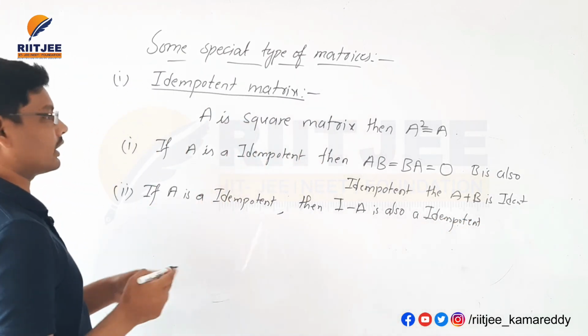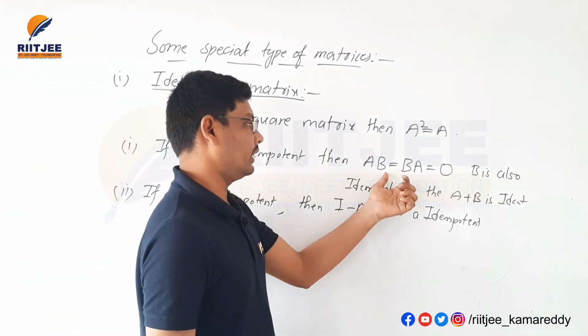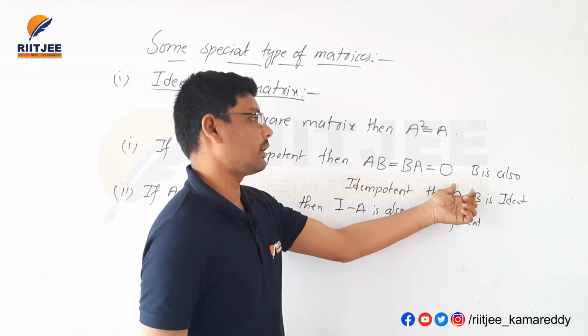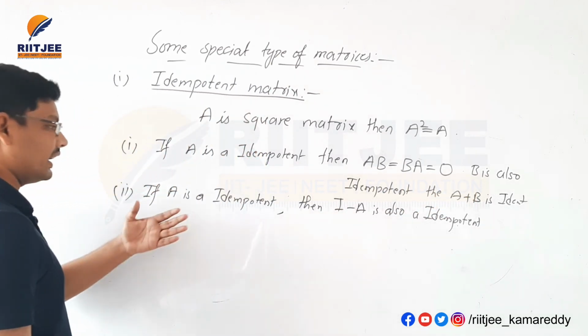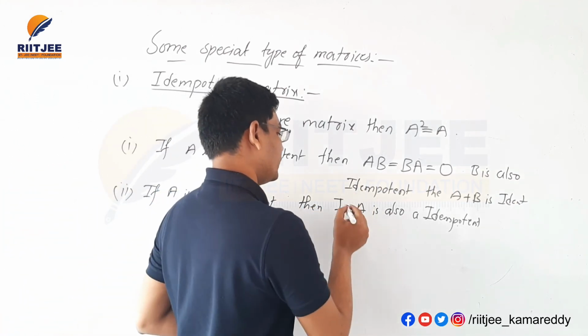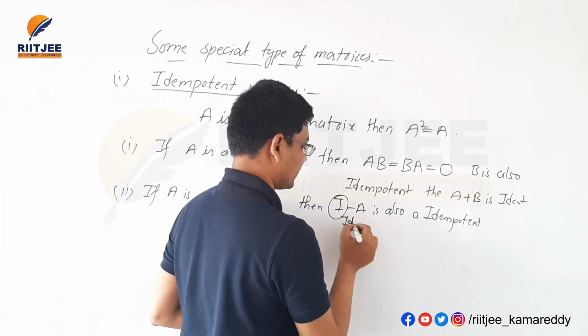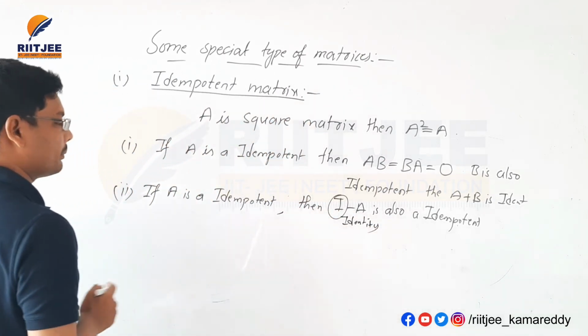Here in the first property, if A and B are idempotent matrices, then A into B as well as B into A gives a null matrix, then A plus B is an idempotent matrix. If A is an idempotent matrix, I minus A, where I is an identity matrix, is also an idempotent matrix.